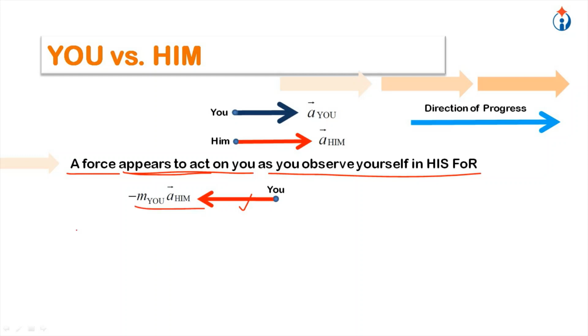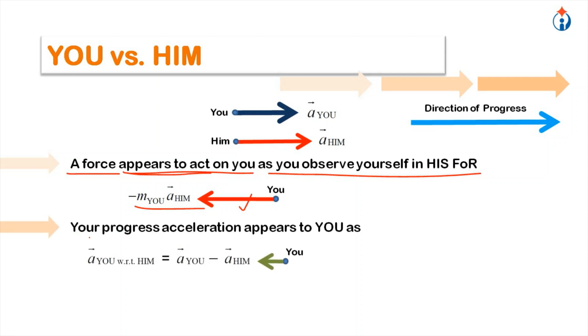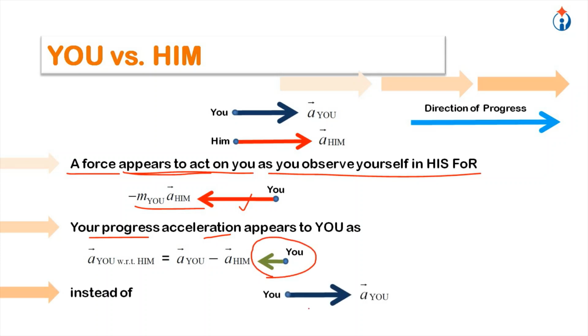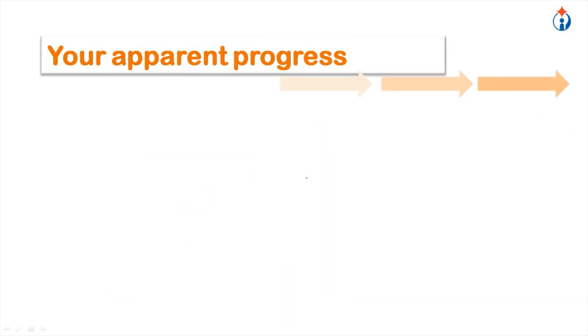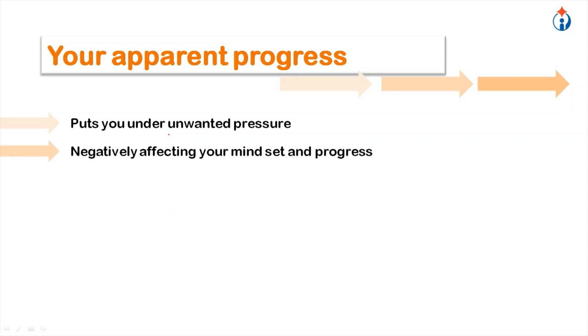It's not real. And your progress, acceleration appears to you as this instead of this. Your actual progress, apparent progress. Your apparent progress puts you under unwanted pressure mentally, physically also actually, negatively affecting your mindset and progress.